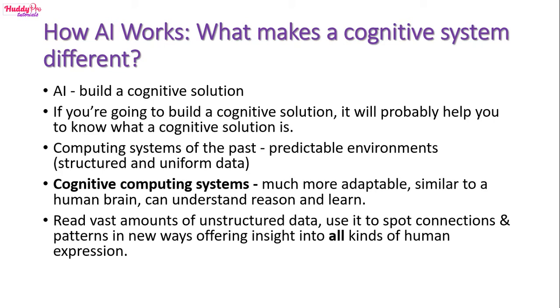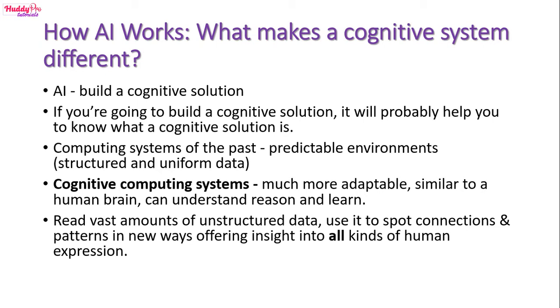Okay, how does AI work? In other words, what makes a cognitive system different from the normal or structured systems that we have? With AI, we are able to build a cognitive solution.